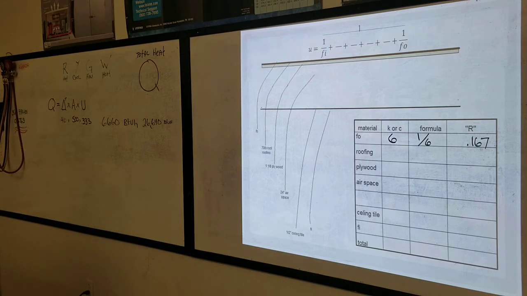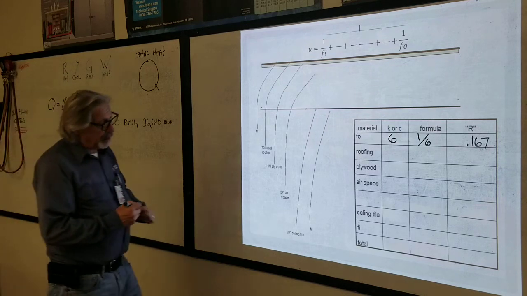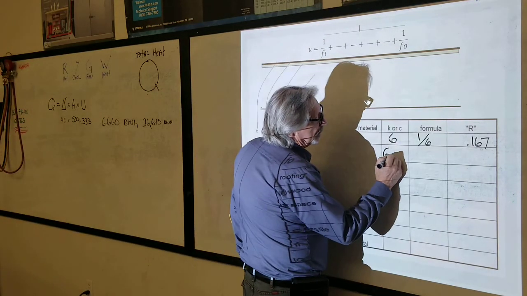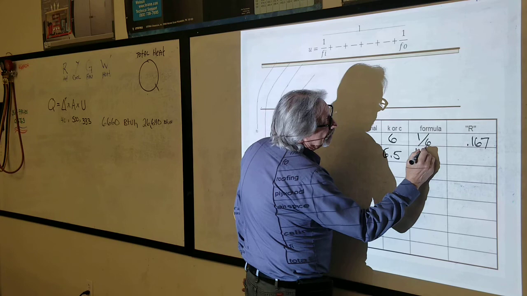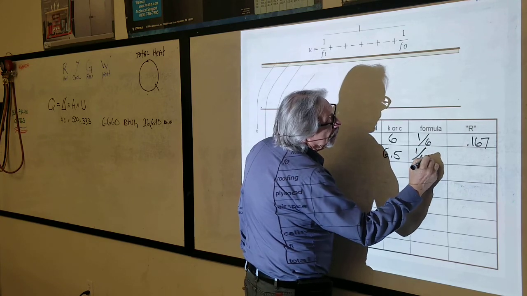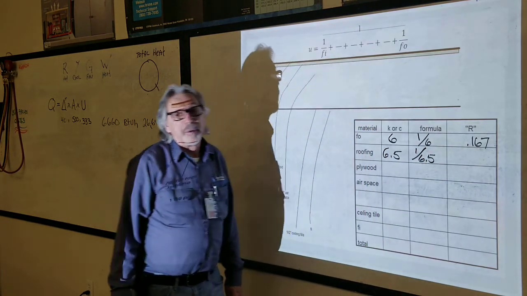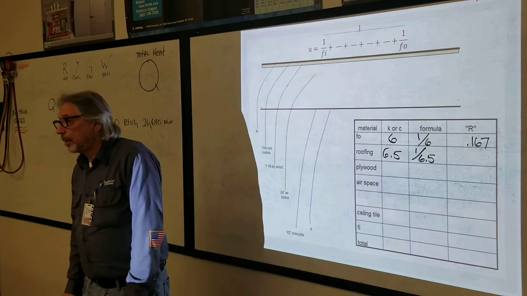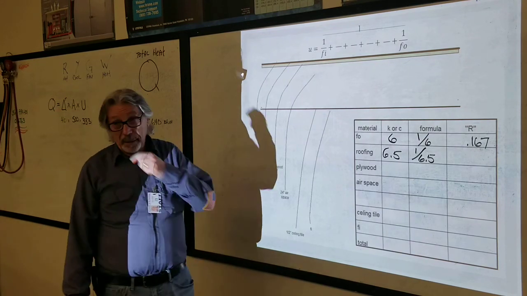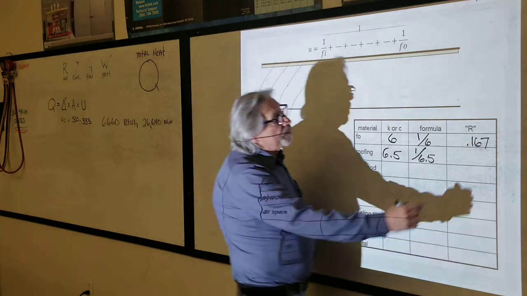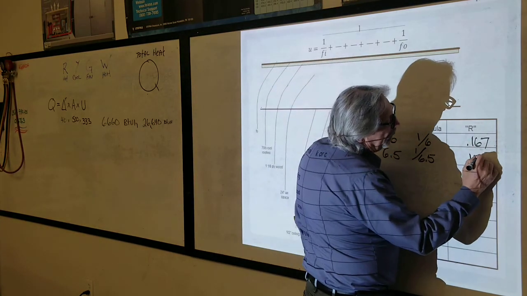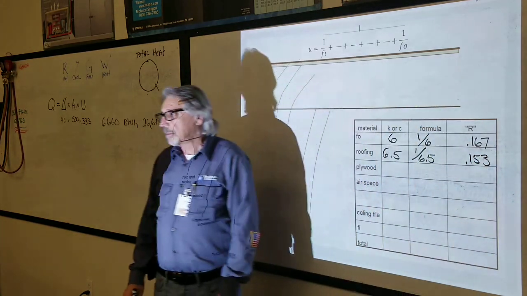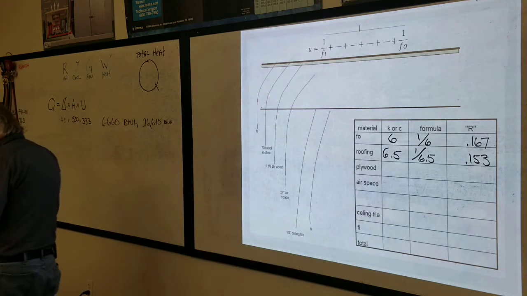So asphalt roofing, on the table is 6.5, and that's also reciprocated, which is 0.153.